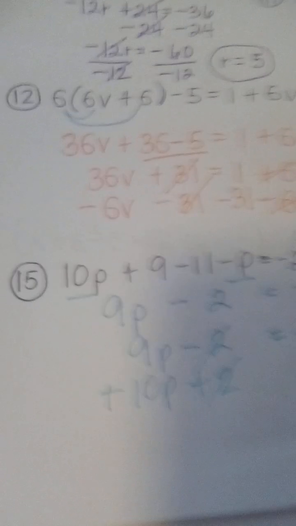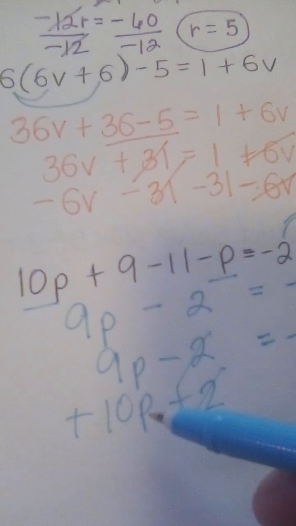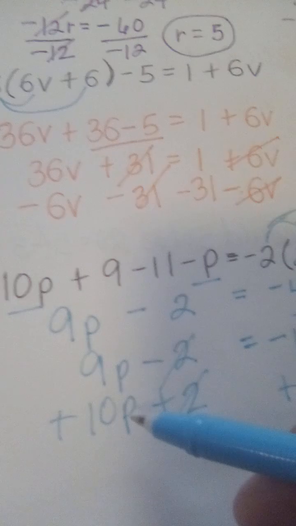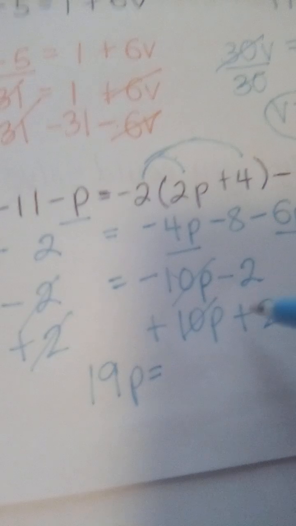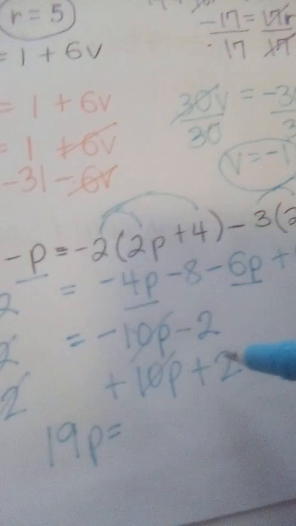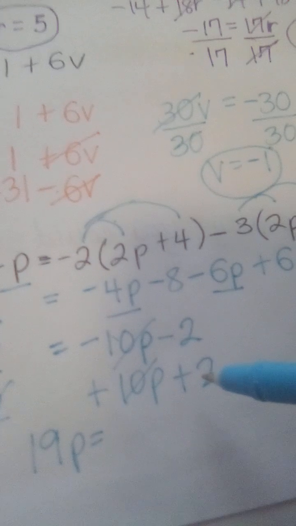This will cancel out. Our new equation, we have 9p plus 10p equals 19p. And then we cancel this. Negative 2 plus 2 gives us 0, right?